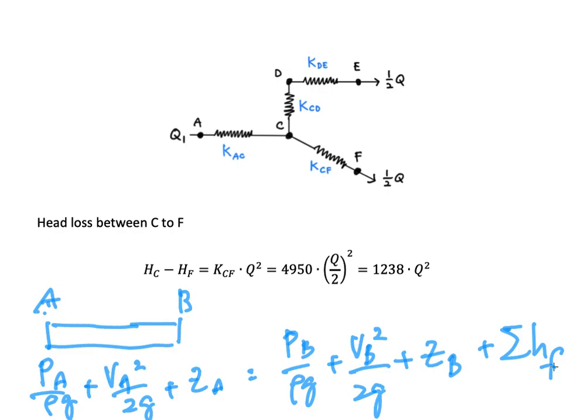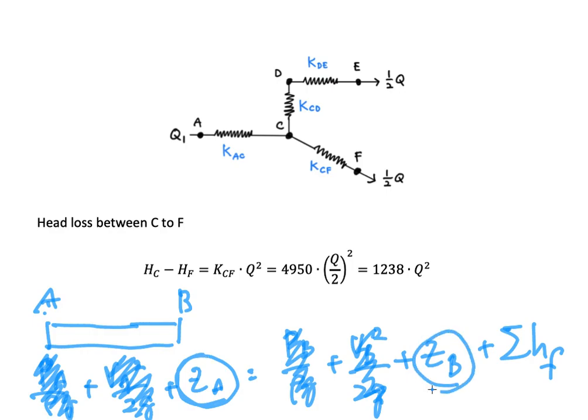The very simple case is, for example, the pressure here is almost the same and the velocity is almost the same, so the obvious change depends on the height.